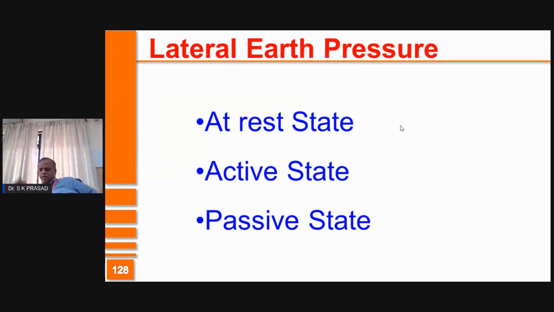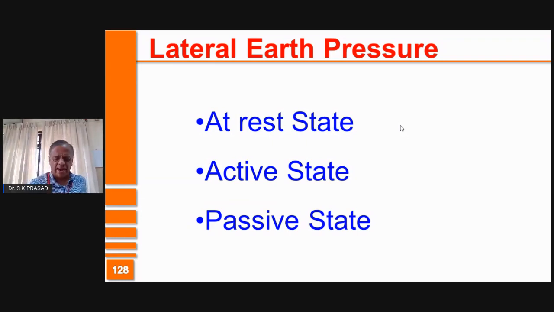Also, all other lateral earth pressures are in between these two extreme cases. And when the system is at rest, you have the lateral earth pressure condition which is the at rest condition.